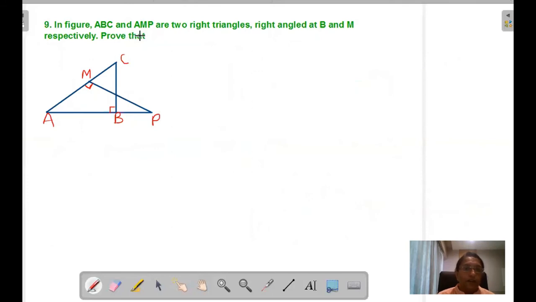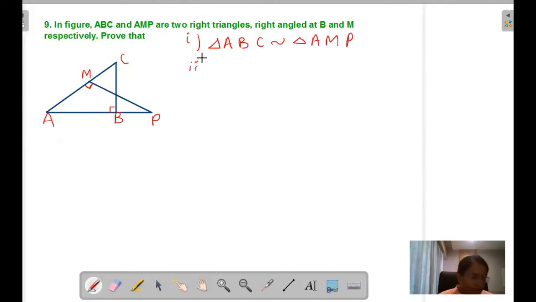Then next example, that is the 9th one. In the figure, ABC and AMP are two right angle triangles, right angled at B and M respectively. Prove that first, triangle ABC is similar to triangle AMP.